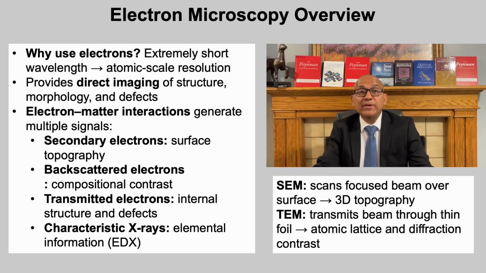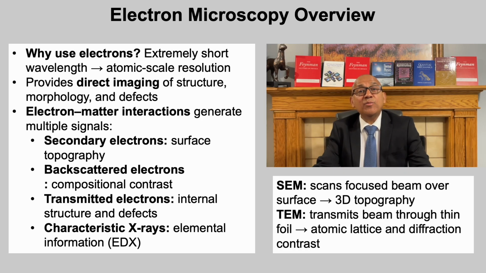As the electron beam interacts with the specimen, it produces a variety of signals: secondary electrons and backscatter electrons in SEM, transmitted and diffracted electrons in TEM, and even X-rays used for compositional analysis through EDX.